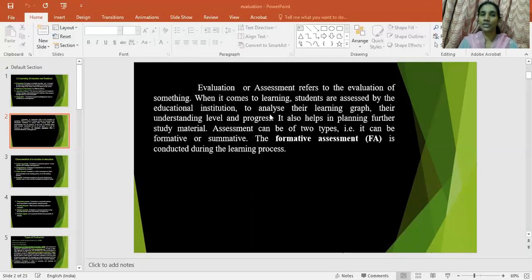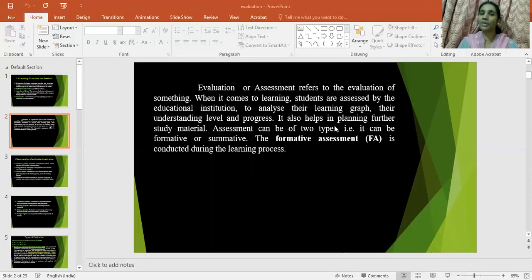The institution analyzes their learning graph, means how they judge their students' learning graph, whether they are moving up or going down. That is the learning graph, their understanding level and their progress. On the basis of that, they assign them a grade. So that is evaluation.